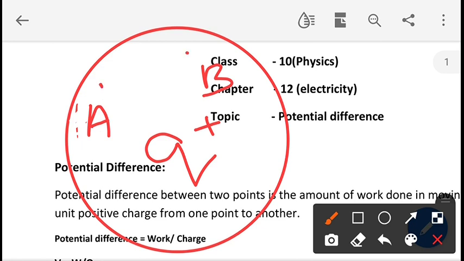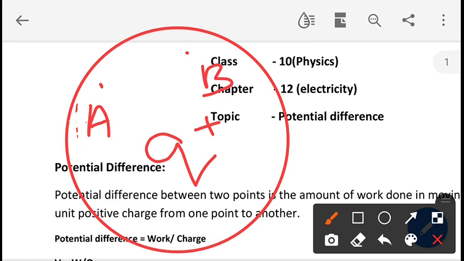If you bring a charge from point A to B or B to A, point A and B will be at different potential, and the difference between the potential of these two points A and B is called the potential difference.